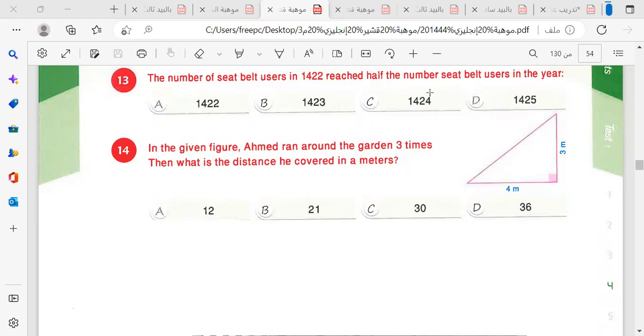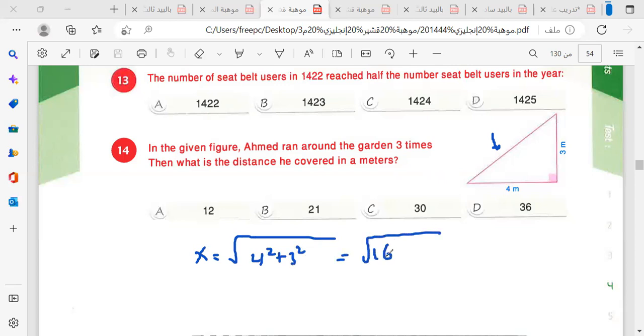We need to find the hypotenuse here. Then x equals 4 squared plus 3 squared, which is 16 plus 9. The answer will be 25, so x equals 5. So we find the hypotenuse is 5.